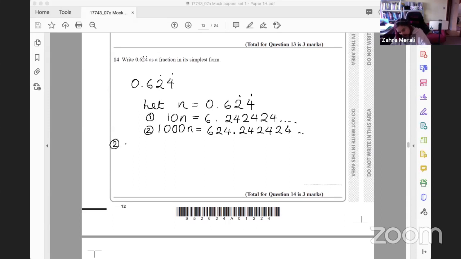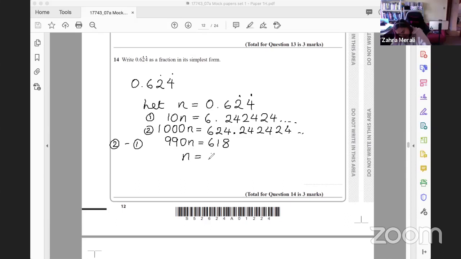If I do 2 take away 1, 1000n minus 10n is going to give me 990n. 624.242424 take away 6.2424. The 24s are going to disappear. And I'm going to get 624 take away 6, which is going to give me 618.